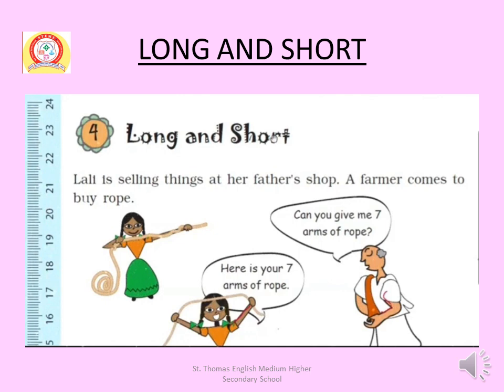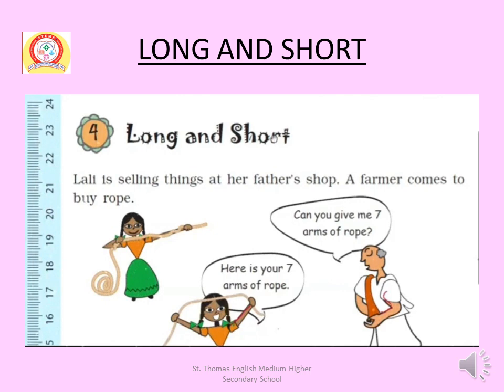Now, arm is a unit of measurement. One arm is the length from shoulder to wrist. I am repeating again, one arm is the length from shoulder to wrist.